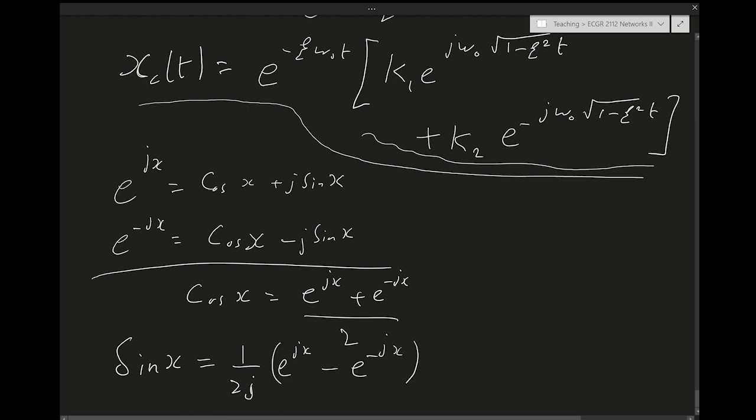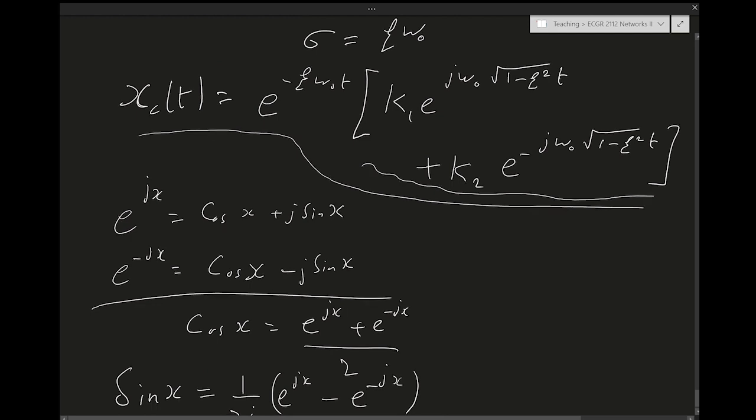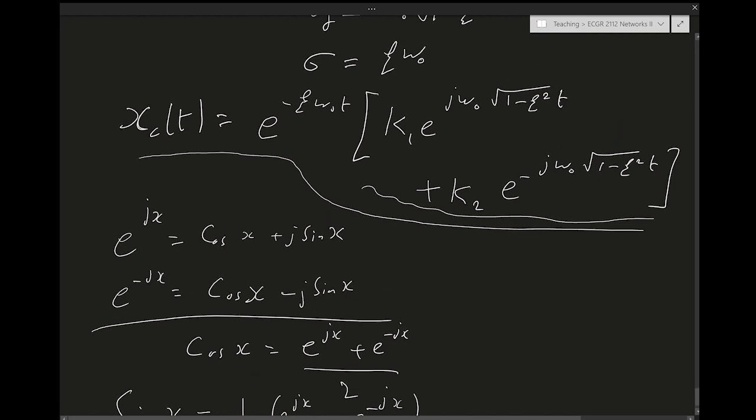So whenever you find a sum of two complex exponential functions, one with plus j and one with minus j, that's an indication of a sum of two trigonometric functions. So the real part of this, the projection of this on the real axis, has to be a sum of sinusoidal functions.